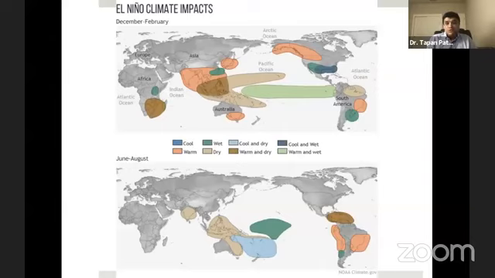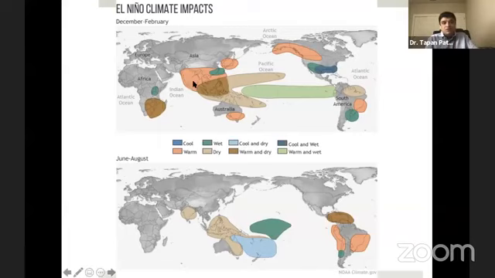If you see the United States here on the right side of the map, during El Nino years, especially in the winter time, you can expect the southern part of the United States to have cooler and wetter conditions, whereas the northwestern edge of the United States and Canada is in a warmer temperature regime.